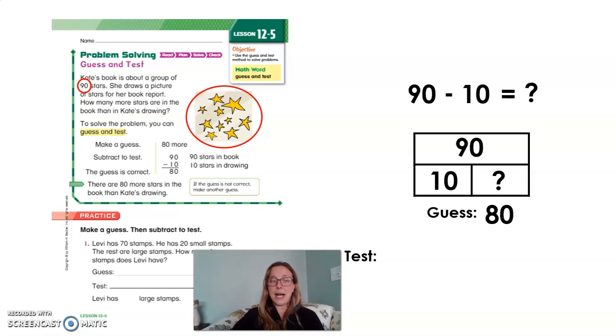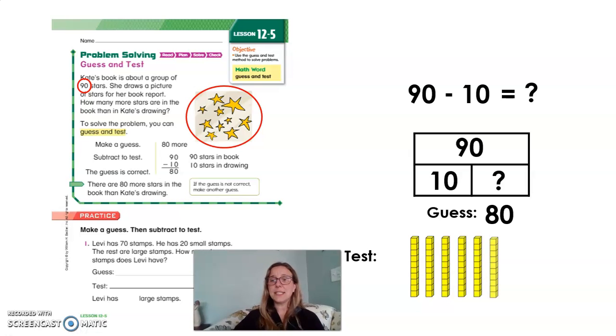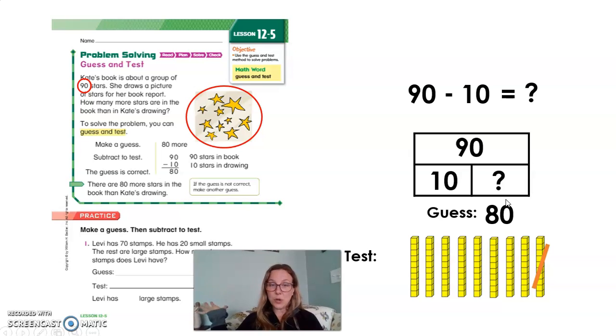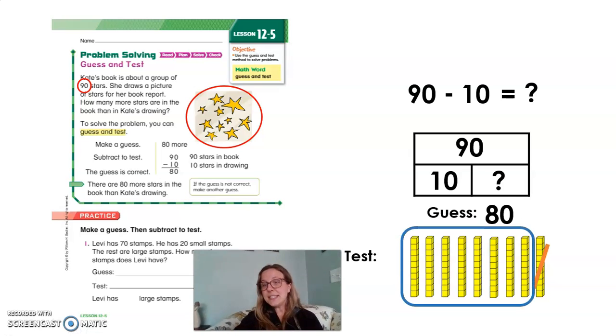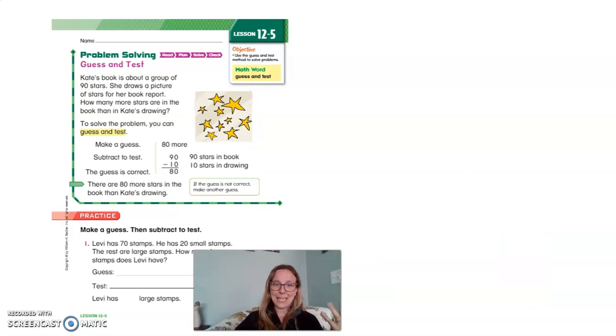We'll say if we have 10, 20, 30, 40, 50, 60, 70, 80, 90 stars, and we're going to take away 10 of those because we know that she drew 10, then this difference should be our answer. If we count up our difference here, we have 10, 20, 30, 40, 50, 60, 70, 80. So our guess was correct. 90 take away 10 is 80.